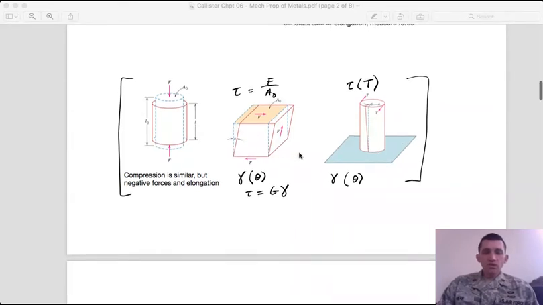You can also deform materials in shear and in torsion. So in shear, instead of having a force applied that tends to pull the atoms apart, here we're applying opposite forces, in opposite directions, that provide a sliding motion between the atoms of our sample.